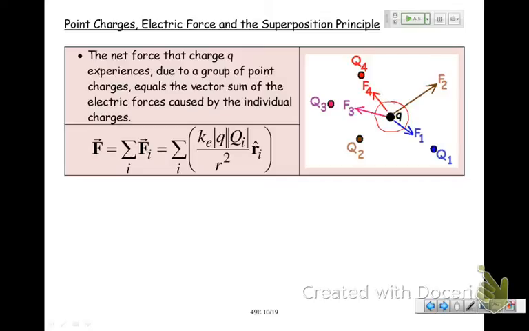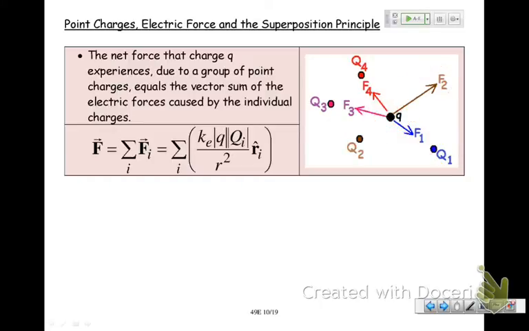Particles or charges don't get stretched. They just feel one net force, like a billiard ball. So you vectorially add all these other forces. Q2 causes a force, and Q1 causes a force, and so on.